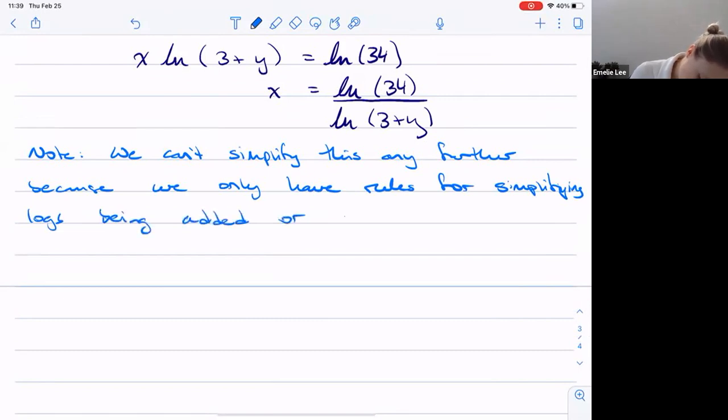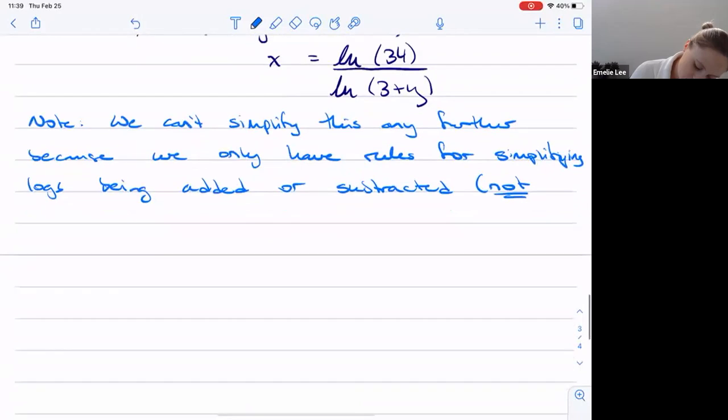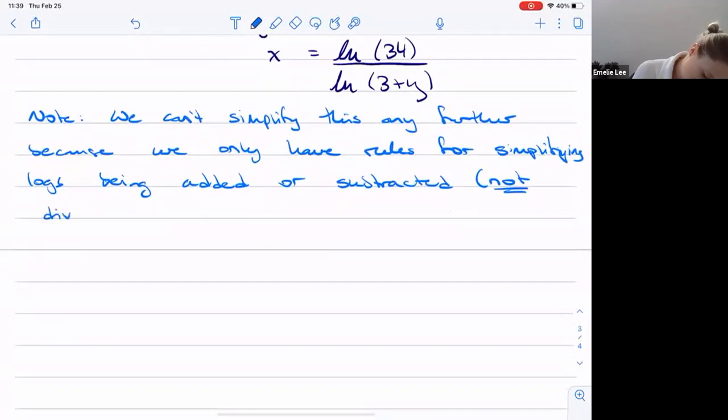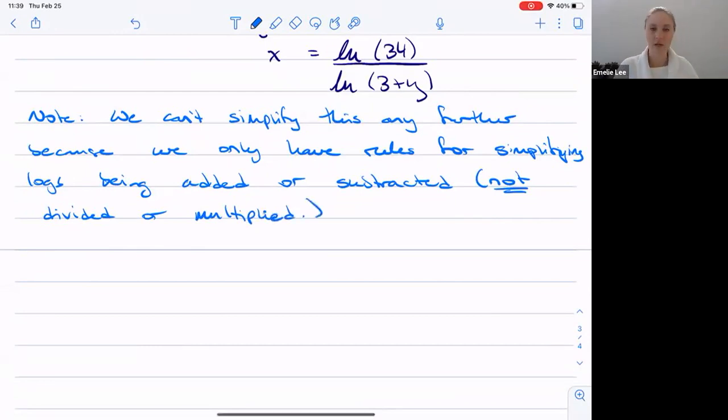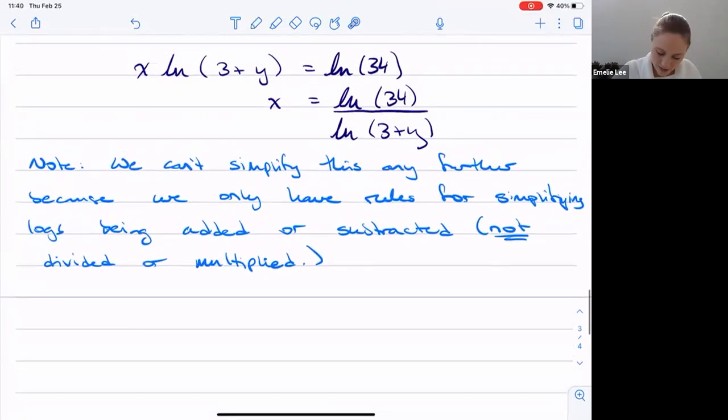Not divided or multiplied. Okay, so that's just something to keep in mind because I know a lot of people want to smush these logs together, but it doesn't work like that.